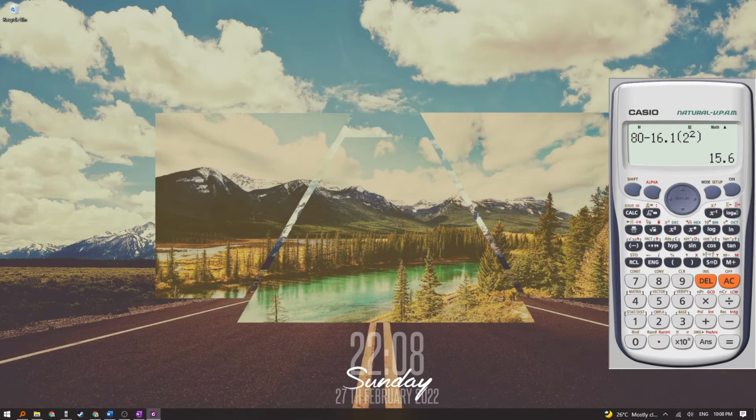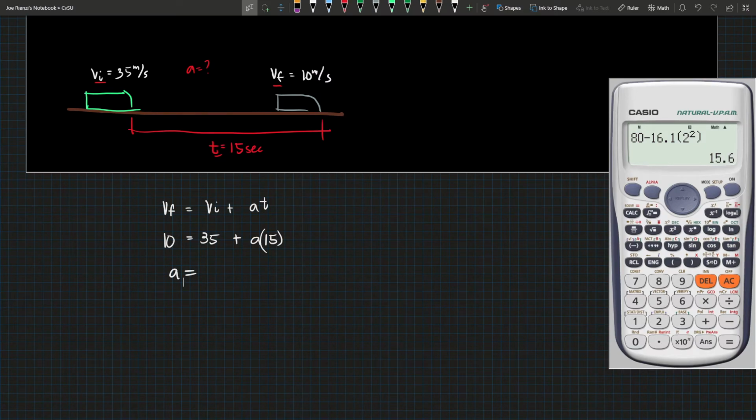So looking at our calculator, we have 10 minus 35 is equals to 15A. So, X yun. So, yun yung nahanap ko. So, shift solve lang ako. Negative. So, yun nga.